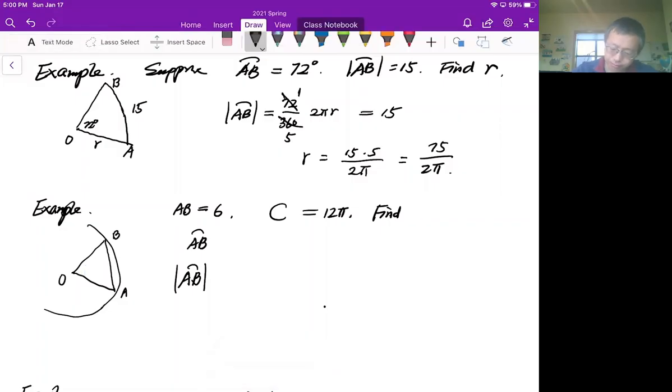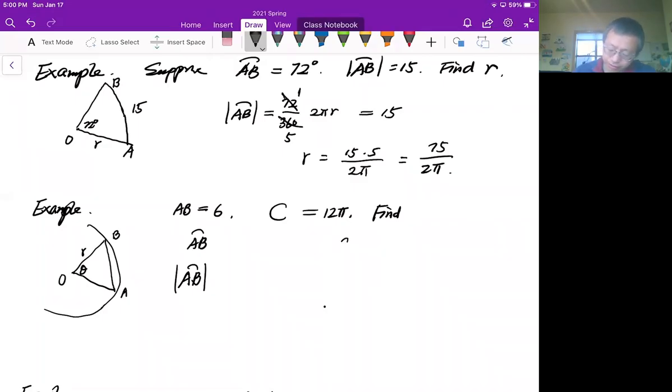That's the main thing I need to work on. But how do I figure out the angle here? You can figure out the r here, because of the circumference.